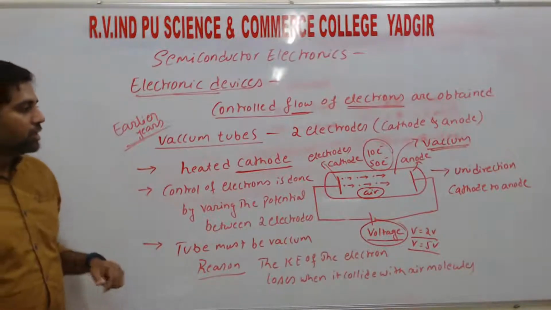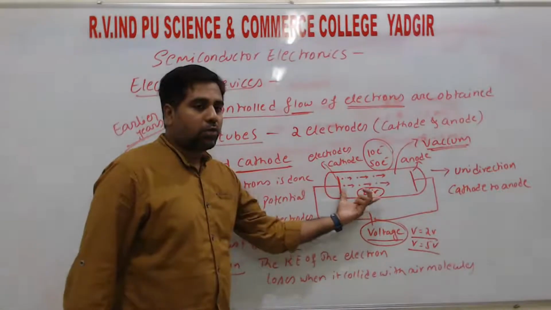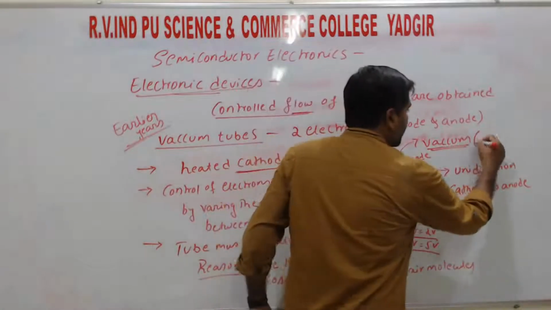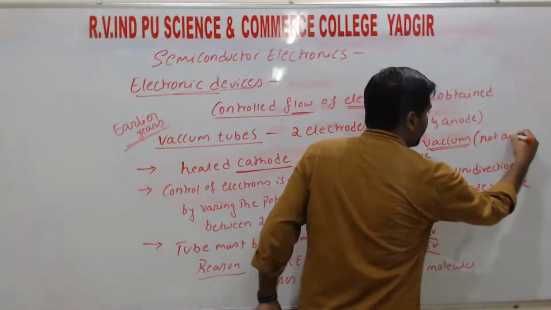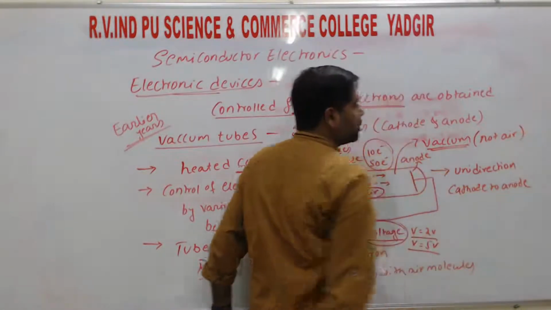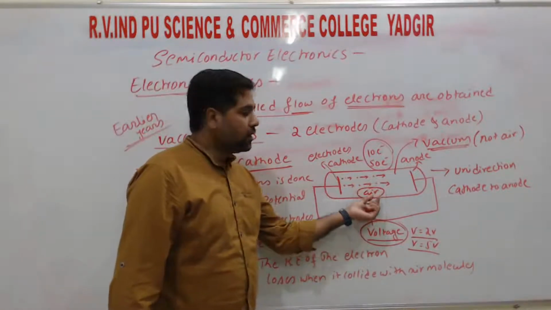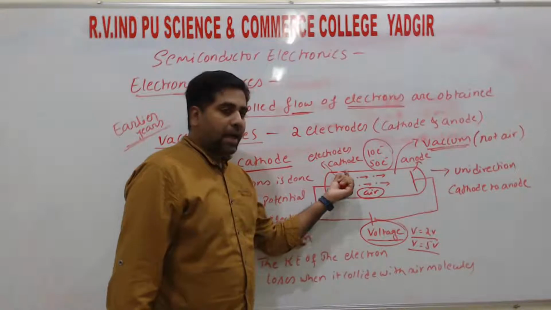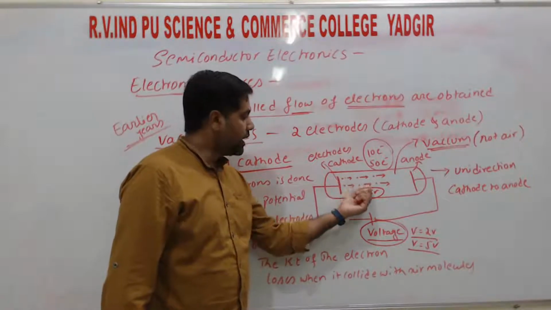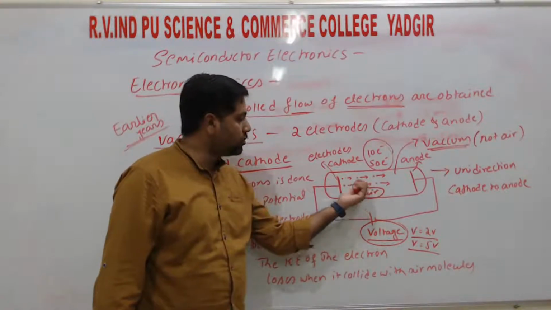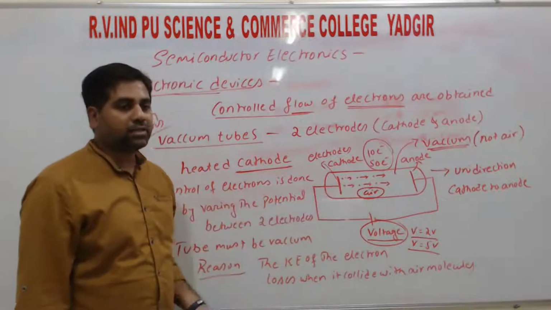So the third point is, the tube must be vacuum. That means there should not be any air present in the tube. If any air is present in this tube, then these electrons, which have energy, collide with the air molecules, and then they lose their energy, right?